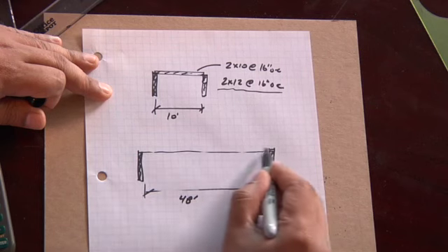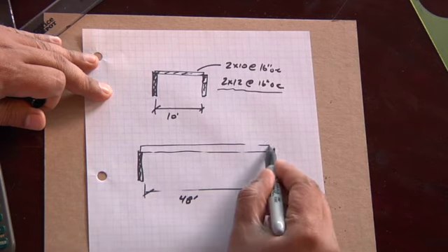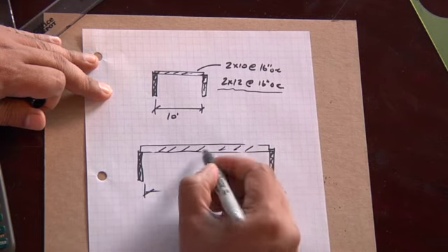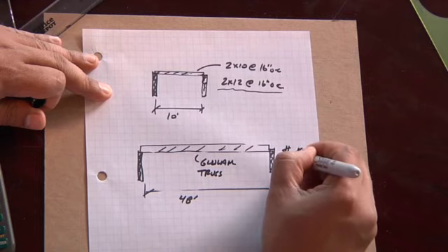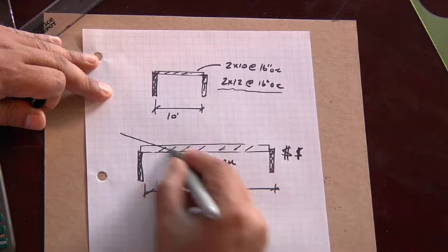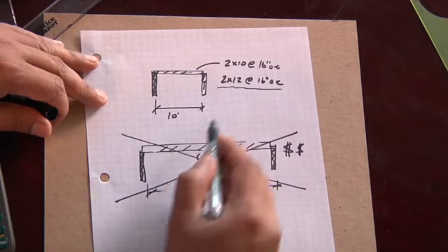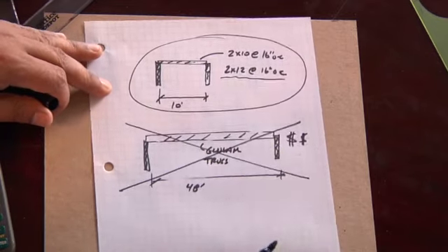The span there on a 48 foot is going to require a huge beam like a glue lam beam or even a truss. So this is going to cost too much. It doesn't make sense, so we don't do that. We do what's cost effective, what's easy to build.